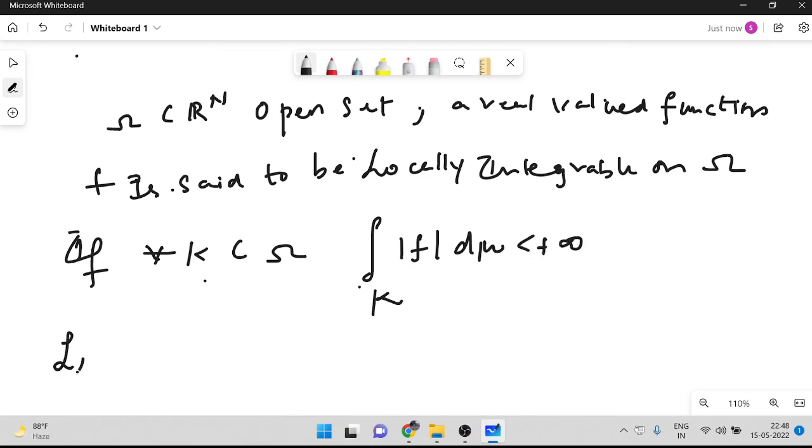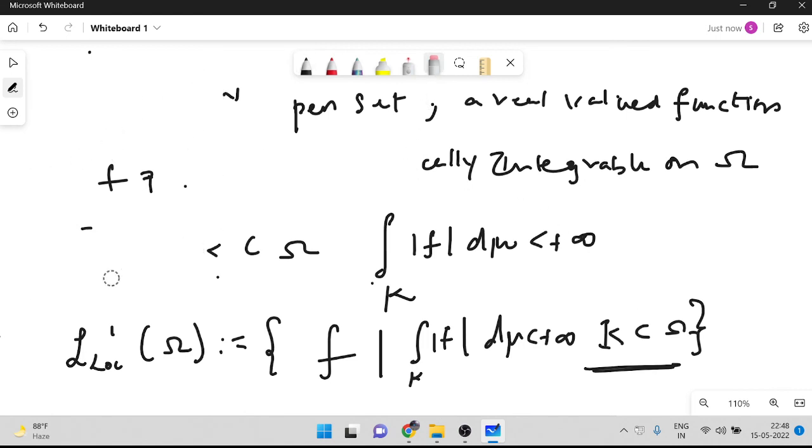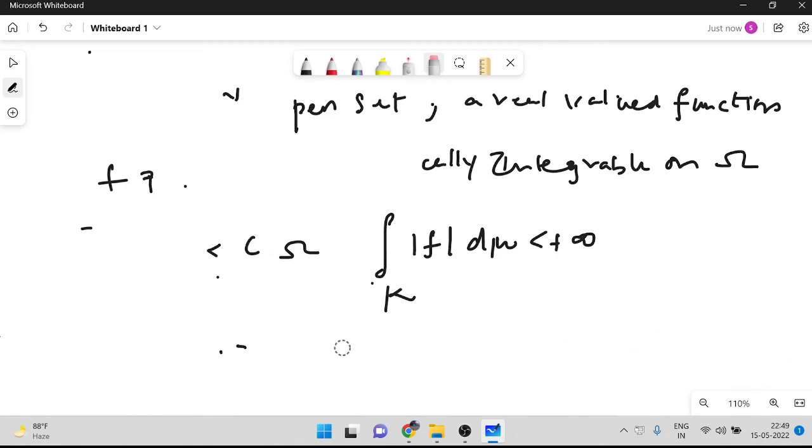This is denoted by L^1_loc. So all such f belong to L^1_loc, the functions such that the integral of |f| dμ over K is finite for all K compact in Ω.